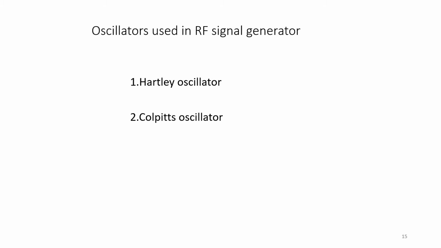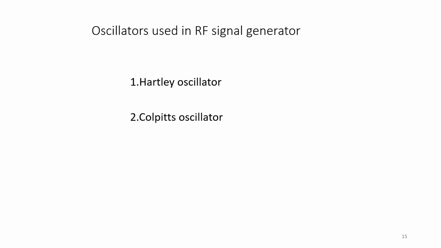These show that each and every block is shielded, and overall the total RF generator is again shielded so that it's not influenced by the external magnetic and electric fields.